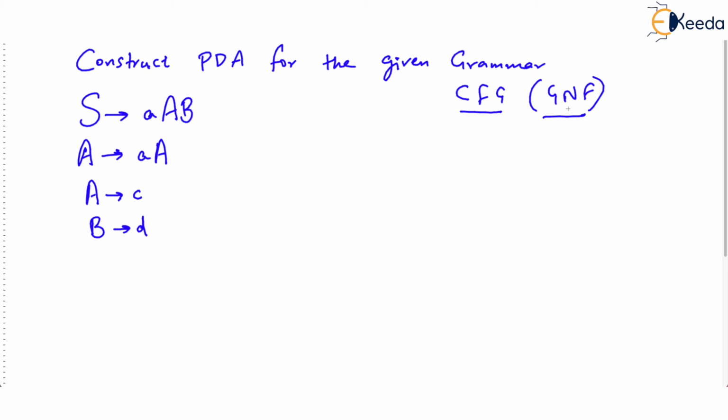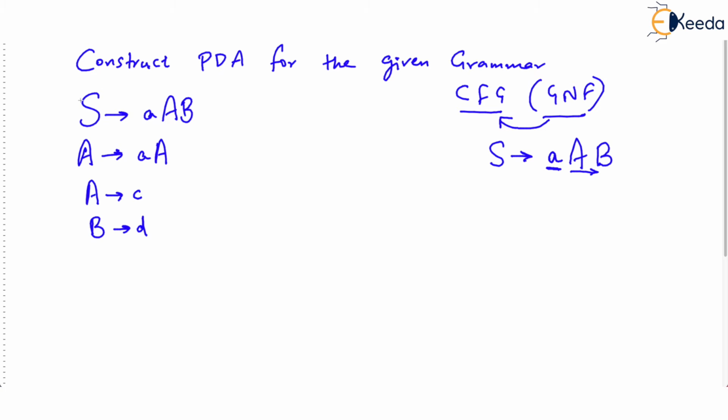Remember, Greibach Normal Form is nothing but a CFG, but with a rule that the right hand side of the production should be starting with a terminal followed by any number of non-terminals. Just one terminal in the beginning followed by only non-terminals, 0 or more non-terminals.